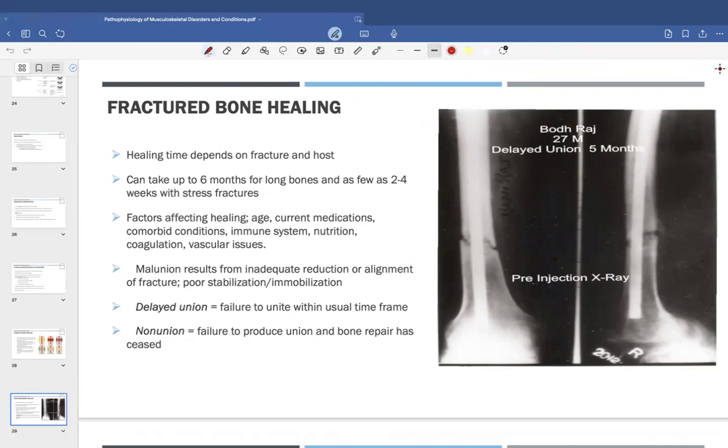Because they're already growing, and they heal very fast. Old people can take a whole lot longer to heal because of blood supply issues, nutrition, metabolic derangements, etc. Some of your long bones can take a total of 6 months to heal. Stress fractures might take 2 to 4 weeks.